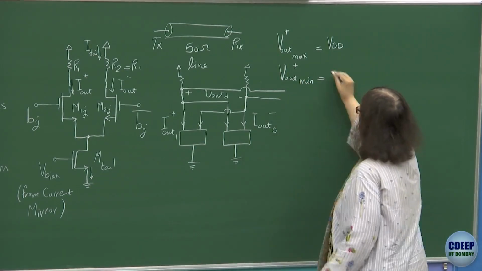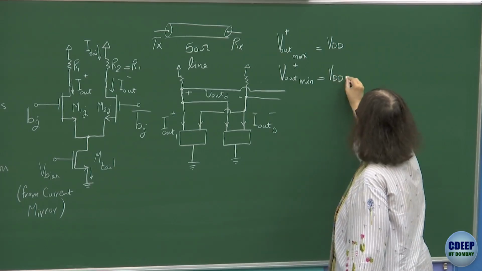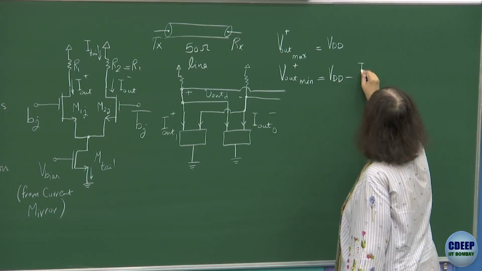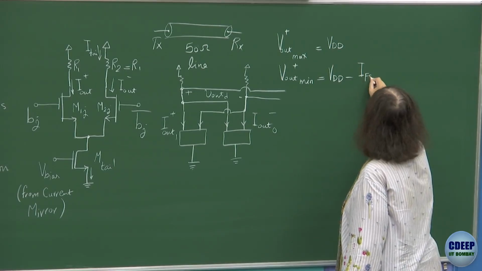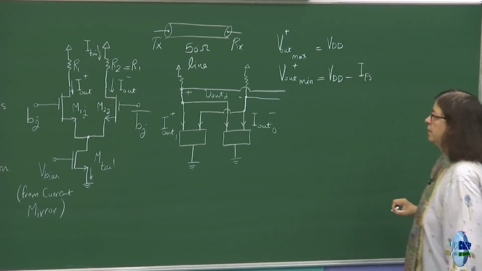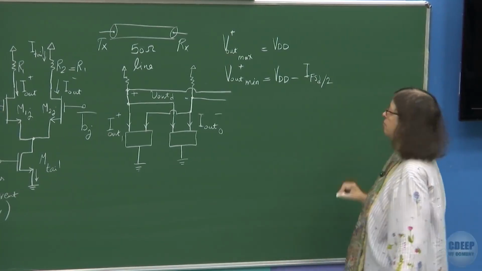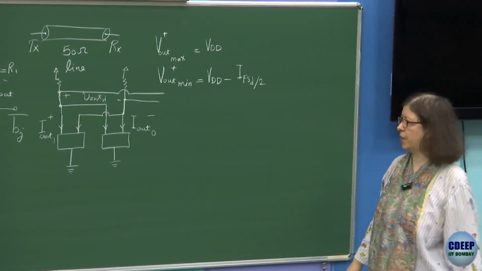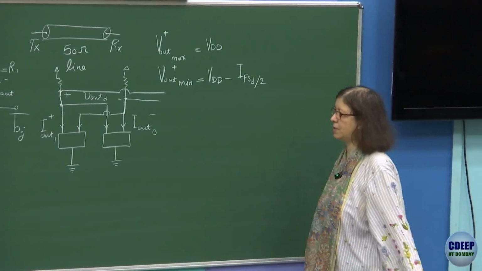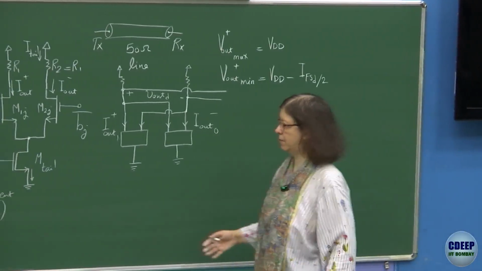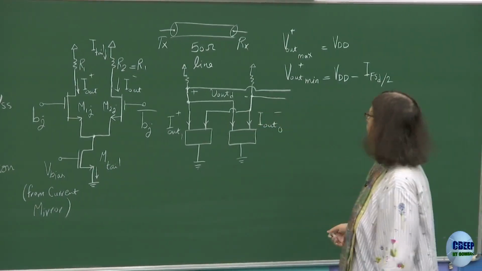So that will eventually be VDD minus I full scale. If I go with differential, it is divided by 2. If it is single-ended, it is divided by 1. This I full scale eventually is the summation of all the binary weighted tail currents.